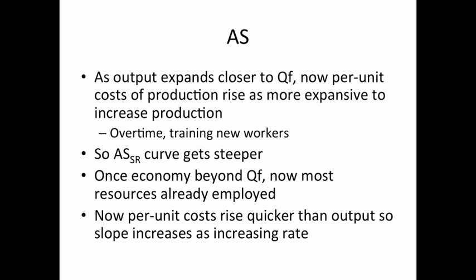That's what I'm suggesting here, that things begin to change. So the aggregate supply curve in the short run gets steeper and steeper. Once the economy goes beyond full employment, most of the resources are already employed and per unit costs rise quicker than output. So the slope of the aggregate supply curve in the short run increases at an increasing rate.